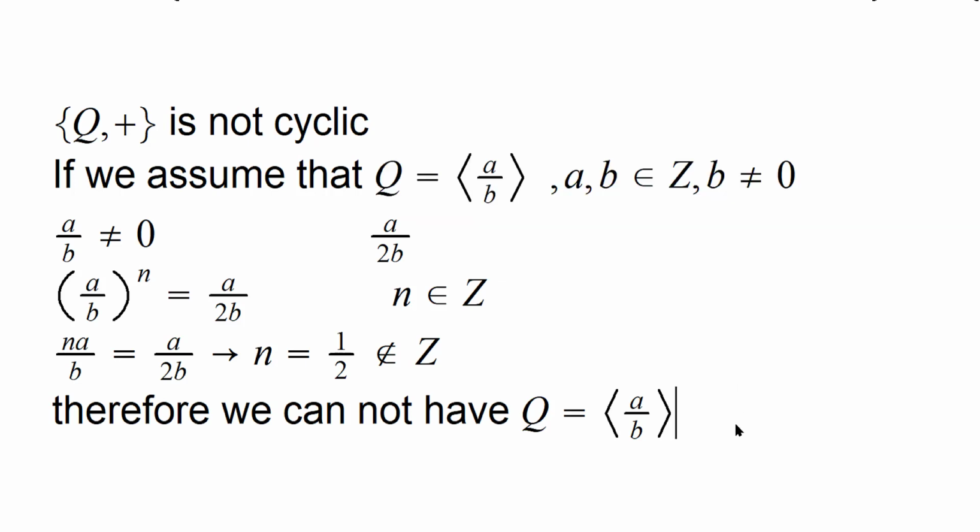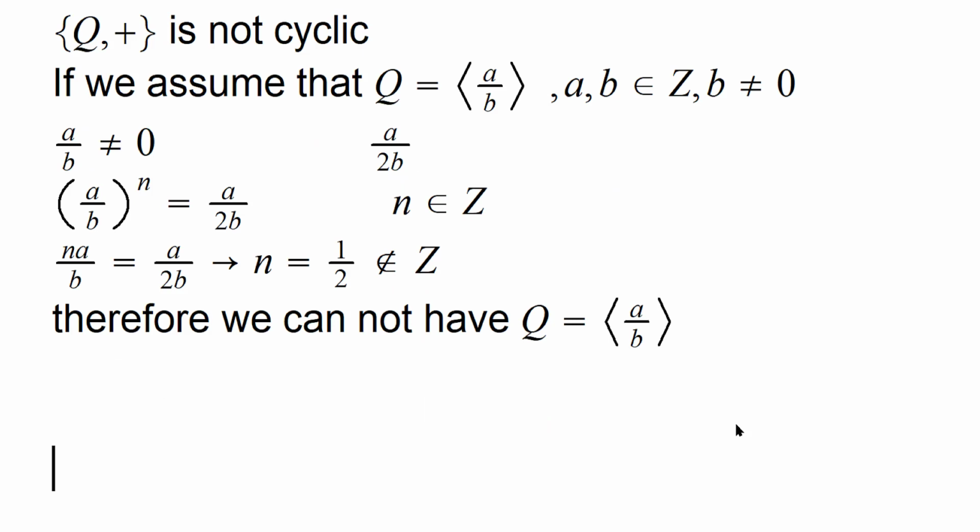All right, I'm becoming a little informal in writing things step by step. Okay, so here is an example of a group that is not cyclic, and then of course the group of real numbers with respect to addition will not be cyclic, and we can go on in that manner.